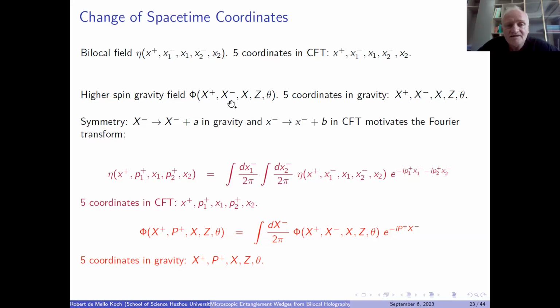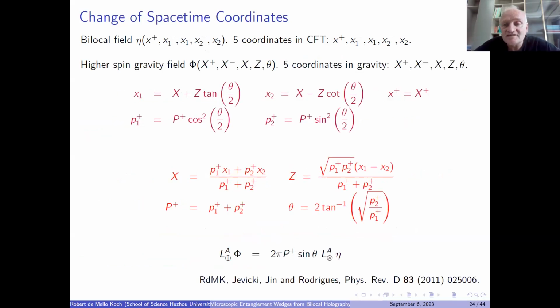In the bulk, I've again got a symmetry under x minus transformations. So I can do a Fourier transform on x minus and trade x minus for p plus. So now in the CFT, my 5 coordinates are x plus, p1 plus, x1, p2 plus, x2. In the AdS4, my 5 coordinates are x plus, p plus, x, z and theta, this bookkeeping parameter.